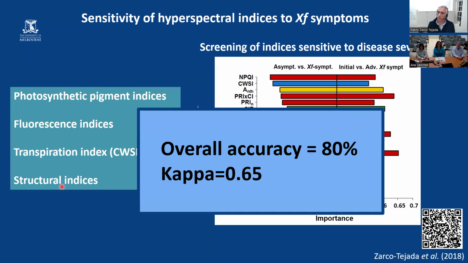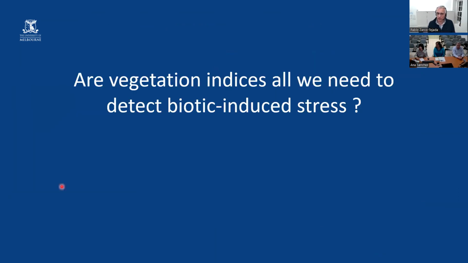But the overall summary is that we already got, at that time, overall accuracies of around 80%, and kappa coefficients that were quite satisfactory in terms of levels of false positives and false negatives that we would obtain. So the question then is, are vegetation indices all we need to detect biotic-induced stress?